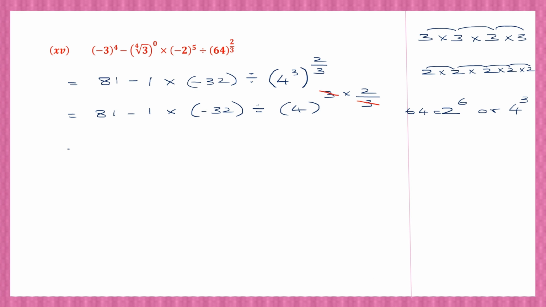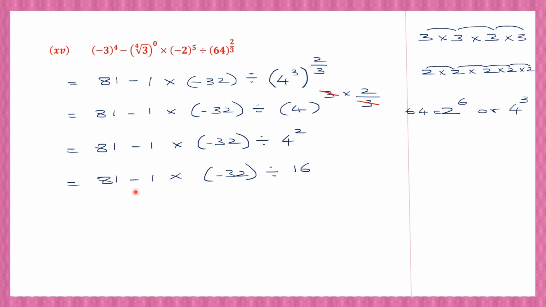So now what do we have? 81 minus 1 into minus 32 divided by 4 raised to the power of 2. So when we continue, this is 81 minus 1 into minus 32 divided by 4 fours are 16.